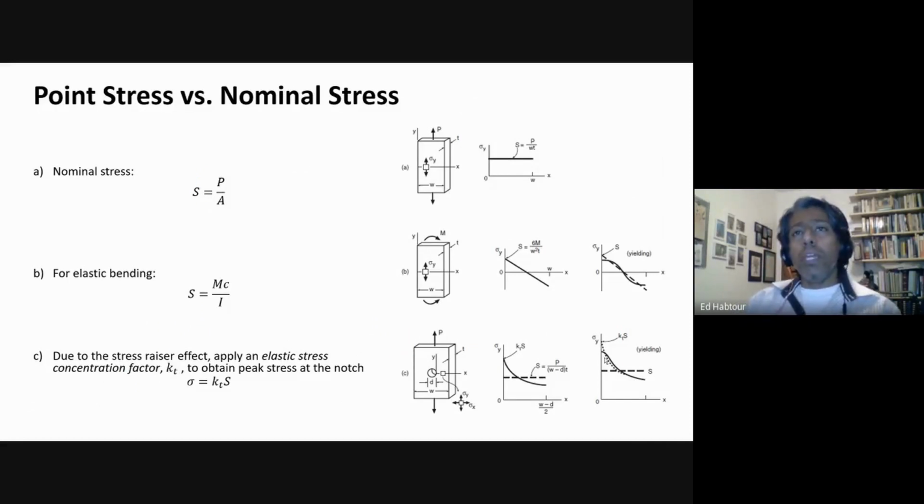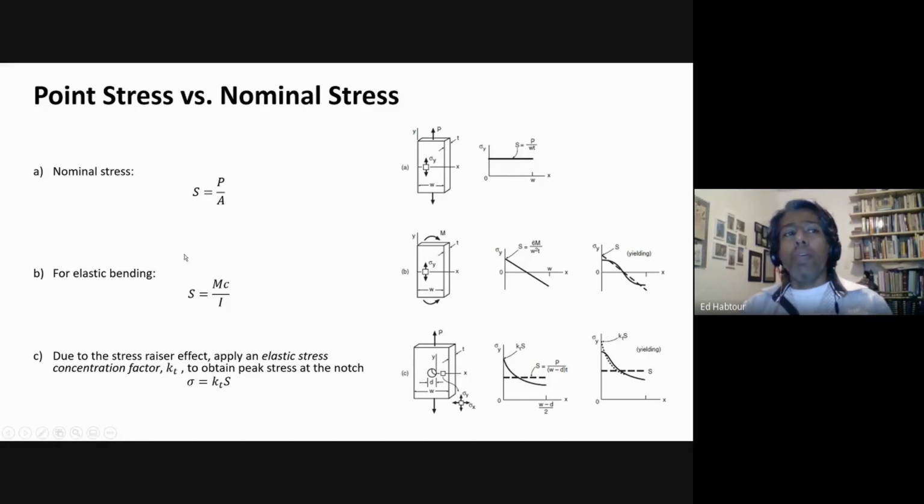Now, when we calculate the stress for fatigue, we want to differentiate between point stress and nominal stress. For something under tension, like this sample here, the point stress and the nominal stress, or your average stress across the section area, are going to be the same.